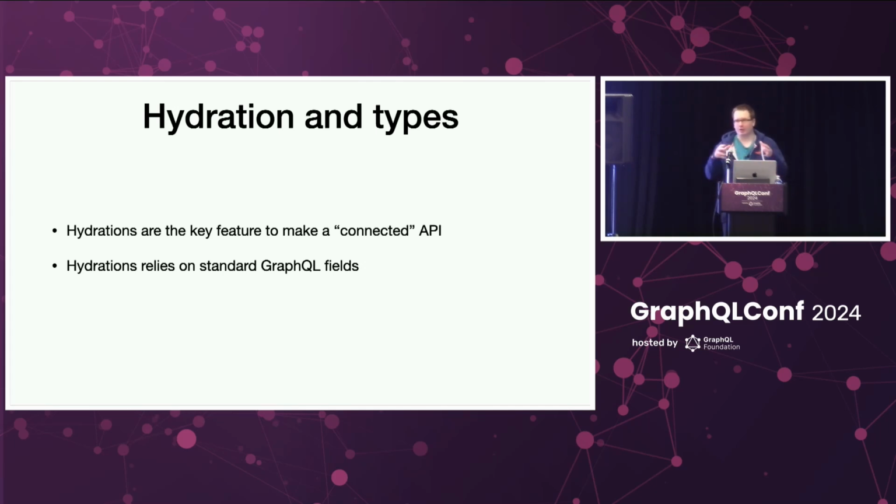So everything the gateway does, what Michael called lookups, or what I call here hydrations, relies on standard GraphQL. If you want to transform or hydrate a user ID into a user object, you need to have a lookup field which transforms a user ID into a full user. This serves us pretty well, by the way, so we are very happy with this choice. And I'm very happy to see that the spec also moves in this direction.